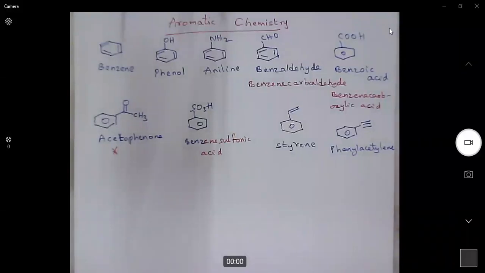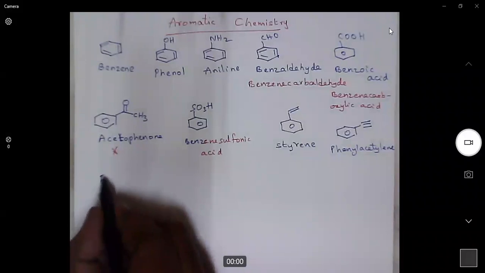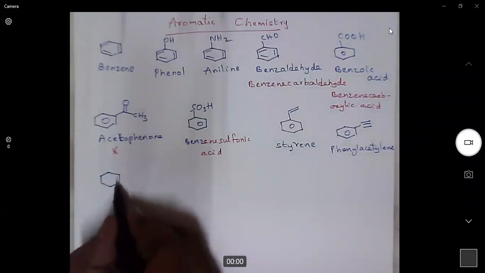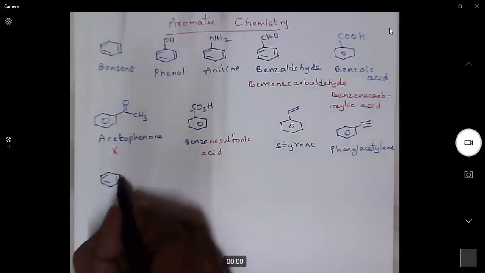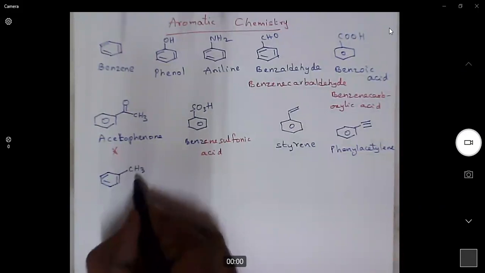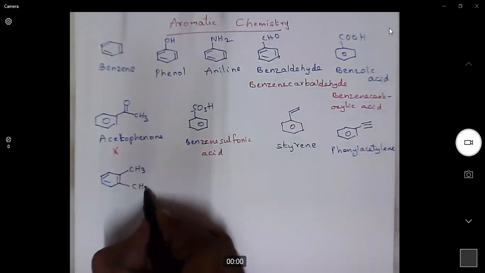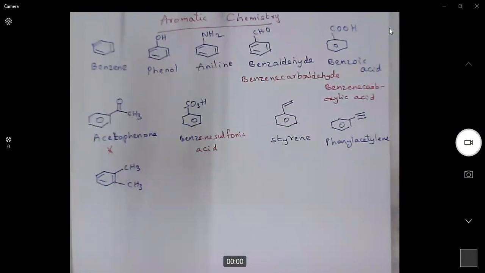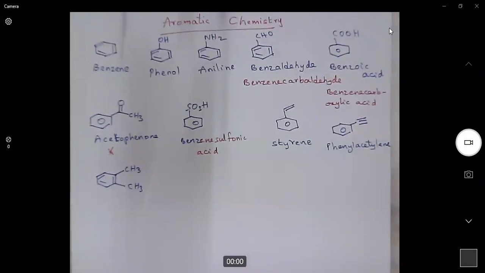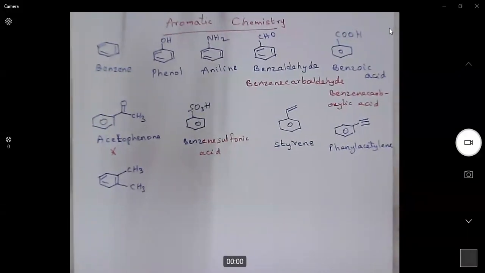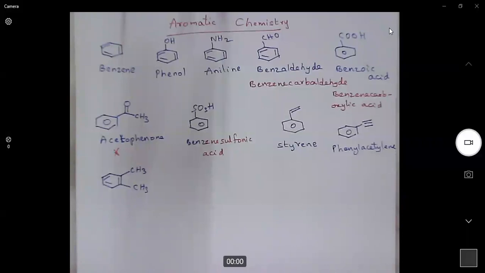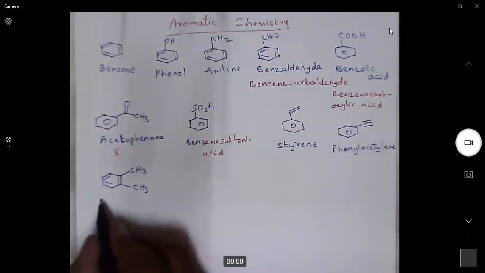Now we will look at the nomenclature of substituted benzenes, disubstituted benzenes. We will start with the simple. This is a methyl group. 1,2-dimethyl benzene.